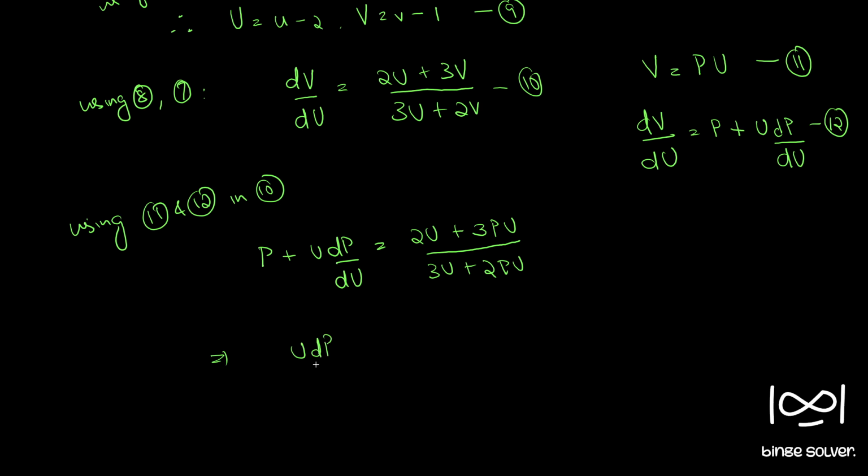u dp by du is equal to 2 plus 3p by 3 plus 2p minus p, which becomes 2 plus 3p minus 3p minus 2p square.